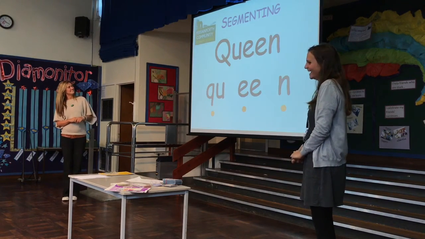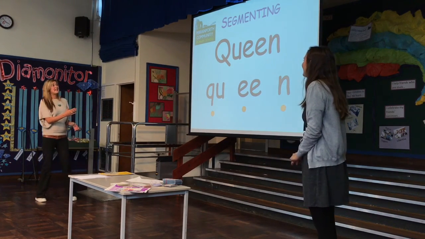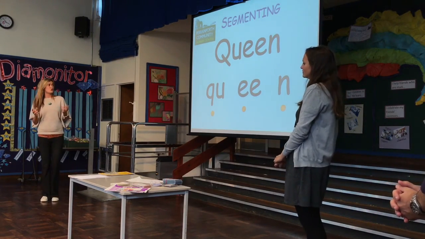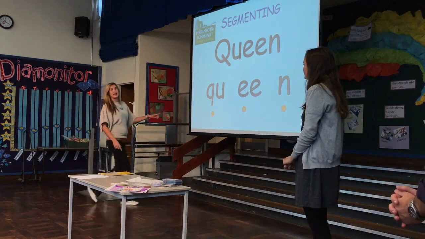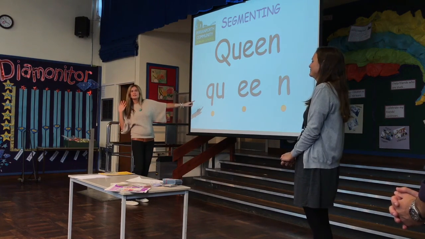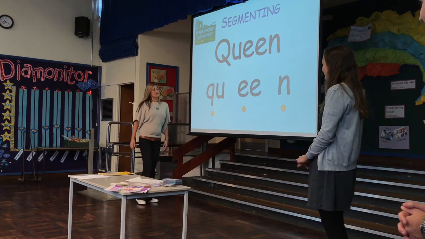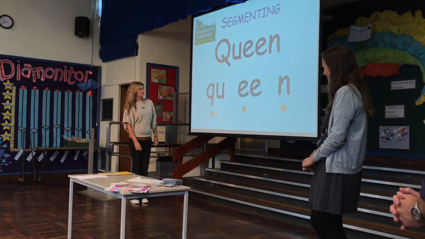Brilliant, well done. Okay, again, this is a little bit of an example of where segmenting gets that little bit more tricky, because we have a digraph. Actually, we've got 2 digraphs and then a phoneme at the end.